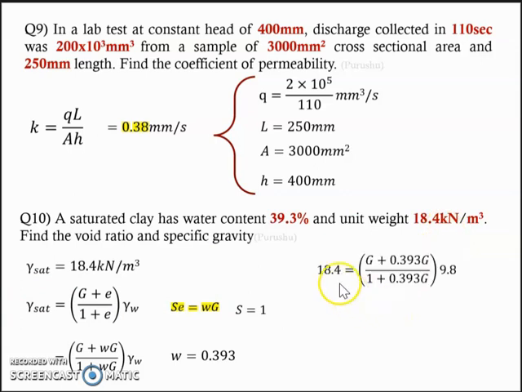So I can substitute 18.4 equal to (G plus 0.393 G) by (1 plus 0.393 G) multiplied by unit weight of water, 9.8 kilonewton per meter cube. Solving, you will get the value of G as 2.86, and since Se equal to wG, S equal to 1, w is 0.393 and G equal to 2.86, I can get the value of void ratio to be 1.12.